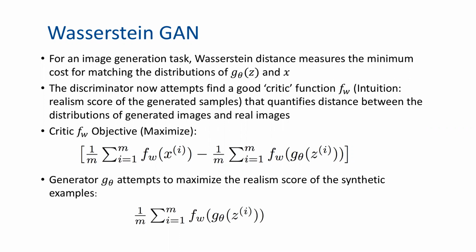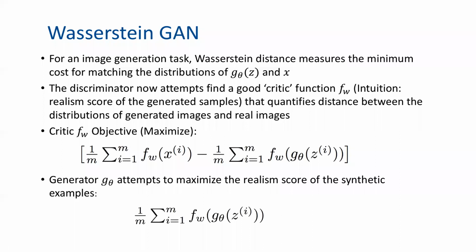So our goal is, instead of a discriminator, because the discriminator was estimating cross entropy loss, which was related to Jensen-Shannon divergence, now we want some kind of critic function such that differences between the critic function on two distributions approximate the Wasserstein difference.